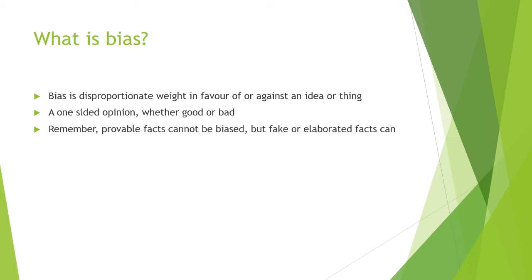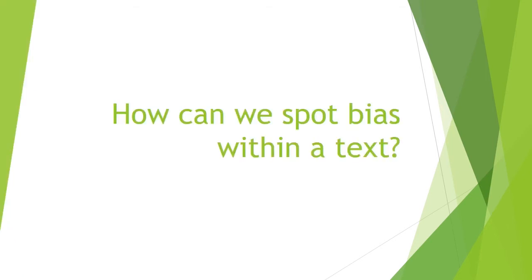Whereas if I said I play in a band and everyone likes us, 100% of listeners think our new album is awesome, that would be a fake or elaborated or disingenuous fact, and would therefore be biased, because it's impossible. Not everyone is going to think we're awesome, because we're probably terrible. So just something to bear in mind when you're looking at that: facts themselves are not biased, but can be misinterpreted or faked to make a bias use.